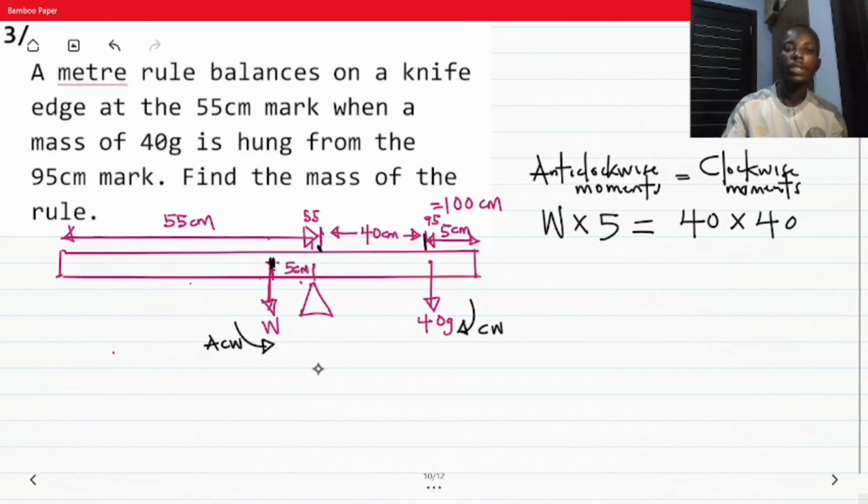We are taking moment about the pivot, about the knife edge, as the question says.